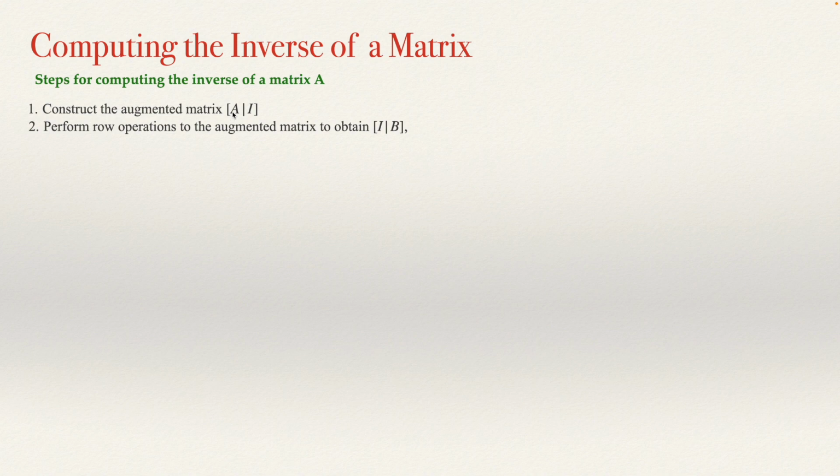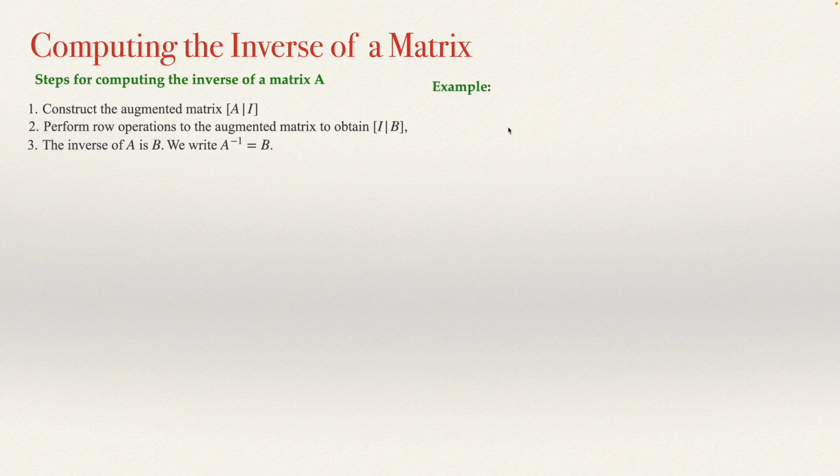So you are transforming A into the identity, and making the same operations at the other side, you are transforming the matrix I into another matrix. This matrix B will be the inverse of A. So the inverse of A will be the one that appears attached to the identity at the end of the process, and we write the inverse of A equals B.